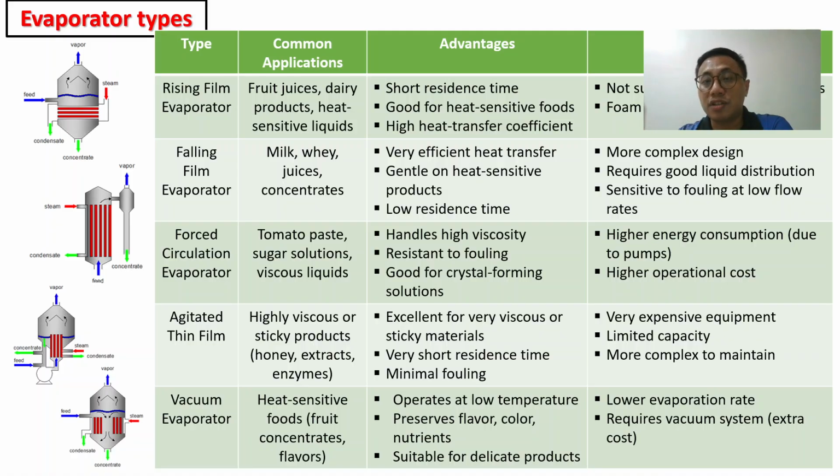It has very efficient heat transfer, and is gentle on heat sensitive products. Same thing, it has a low residence time, so the product stays a short time inside the evaporator.